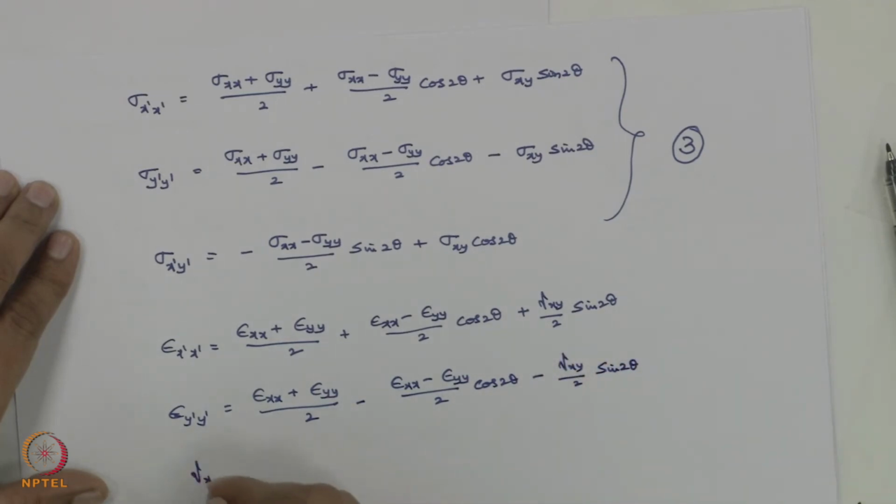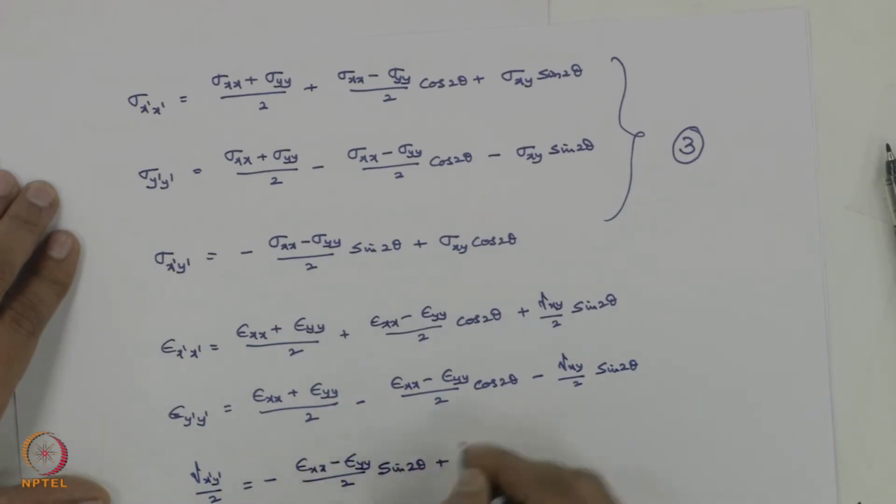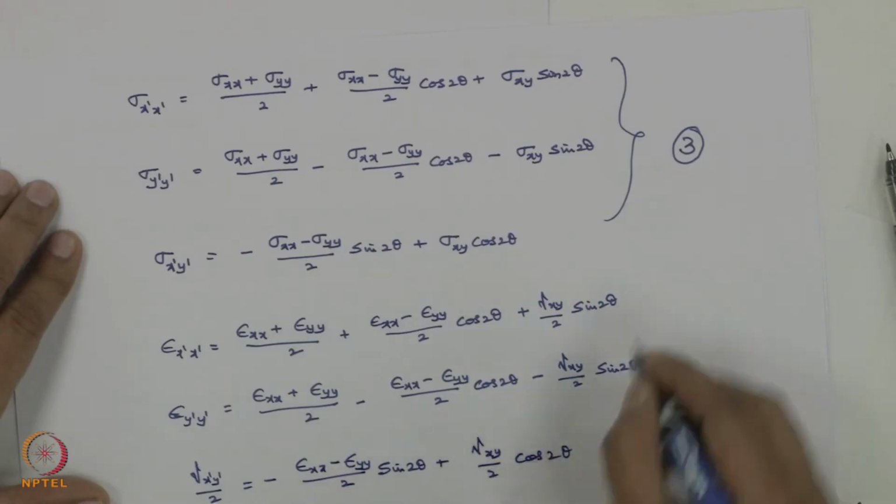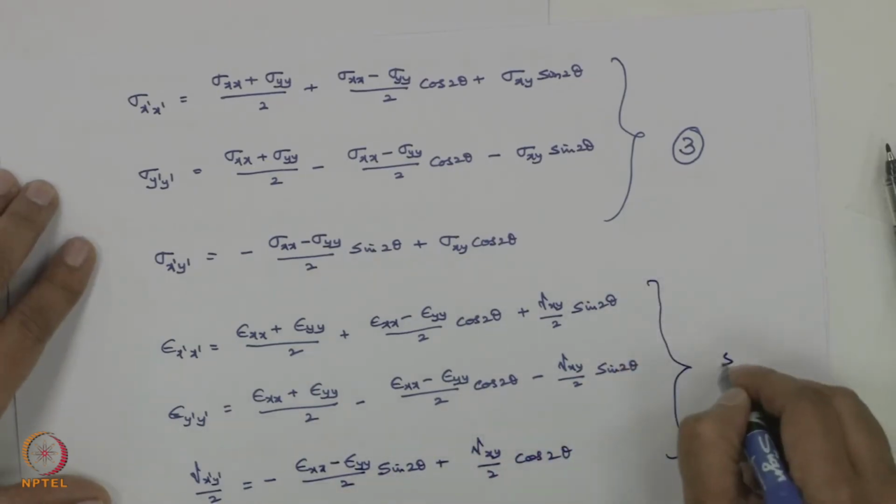Gamma x prime y prime by 2 is equal to minus epsilon xx minus epsilon yy by 2 sin 2 theta plus gamma xy by 2 cos 2 theta. Let's call the whole of this equation 5.